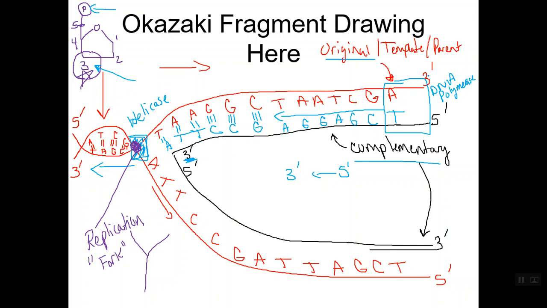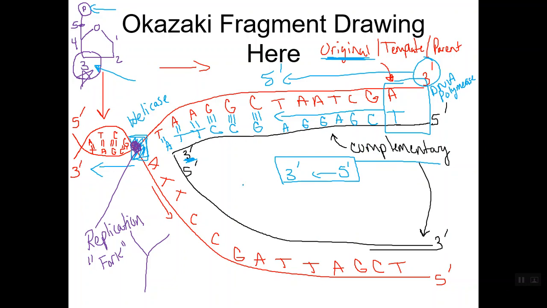So you're moving from the 3' side to the 5' side on the original strand. And we can work more on this in class. But the point is that DNA has to be built in the 5' to the 3' direction. So what we usually do is focus on the complementary strand in terms of that description.